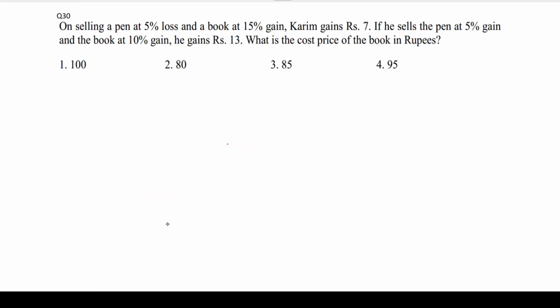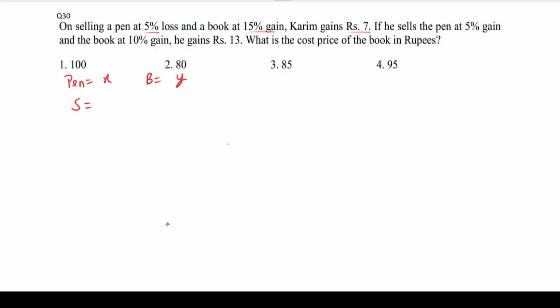Question number 30. On selling a pen at 5% loss and a book at 15% gain, Karim gains 7 rupees. So let's say the cost of the pen be x and cost of the book be y.